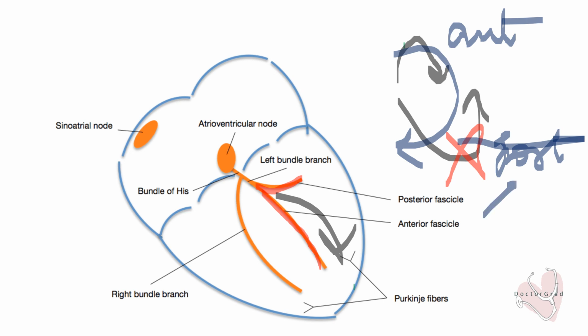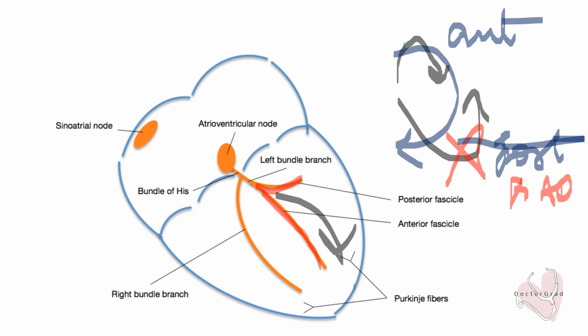So usually the direction is -30 to 90, so it may go very well beyond 90. That can cause a right axis deviation. So posterior fascicular block can cause right axis deviation.